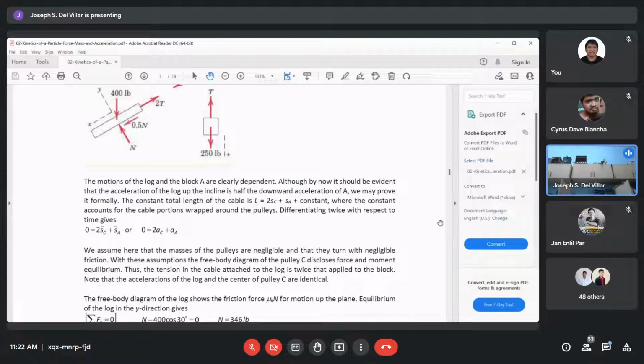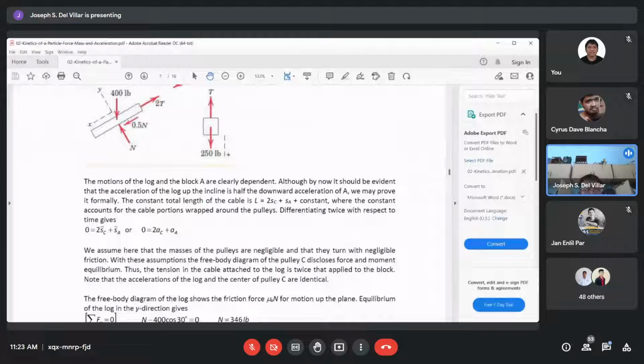So that is 2a sub c plus a sub a equal to 0.